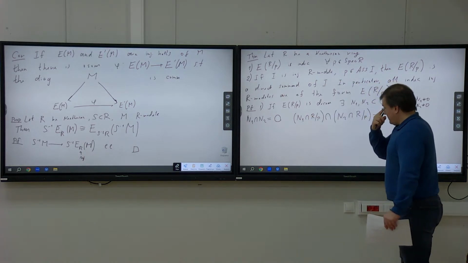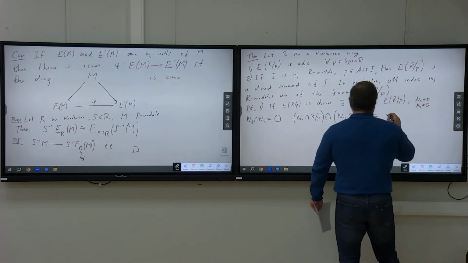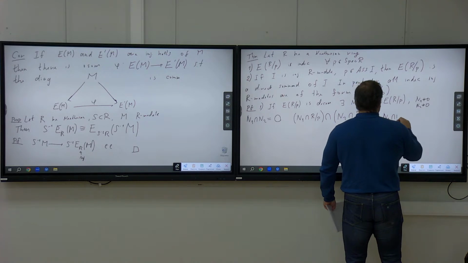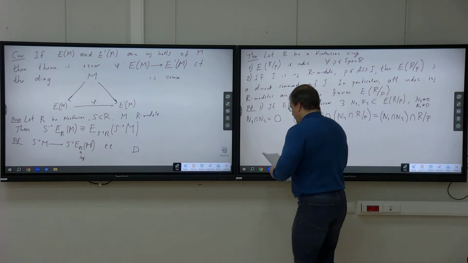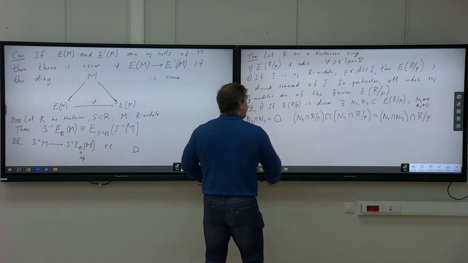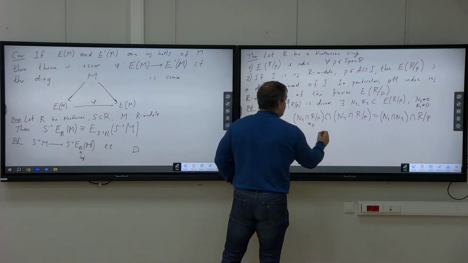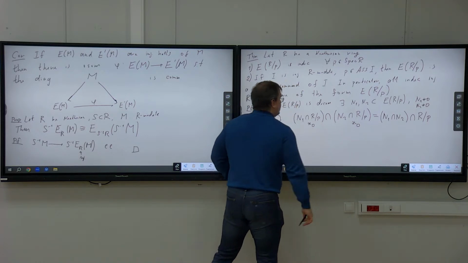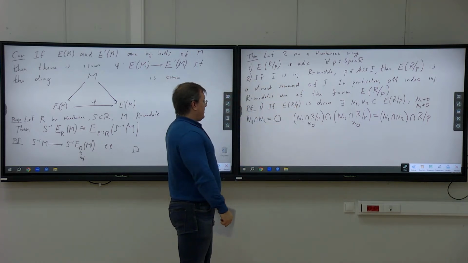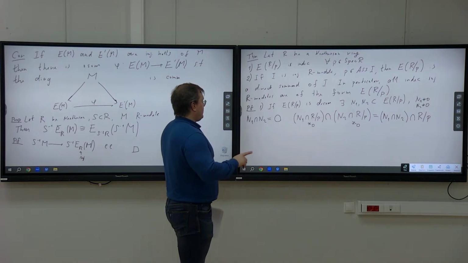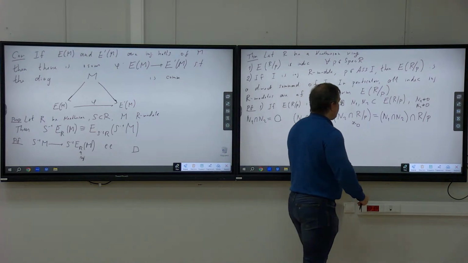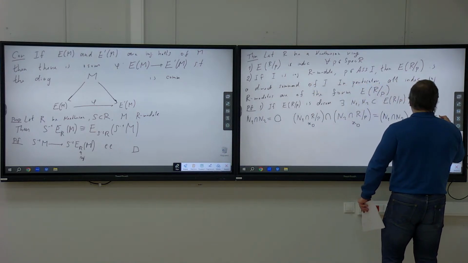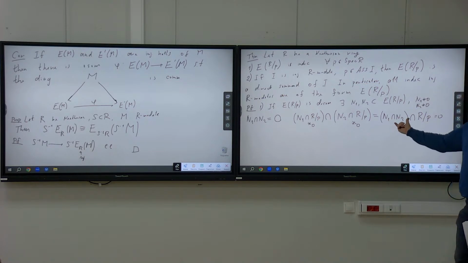Well, this intersection of three modules, I can as well write as the intersection of N1 and N2, and then intersect with R modulo the prime ideal P. Here I can say that this is a non-zero module and this is a non-zero module, right? That is because the extension from R modulo P to the injective hull is an essential extension. So these two intersections are non-zero, and this thing is of course zero, because this intersection by assumption is zero.